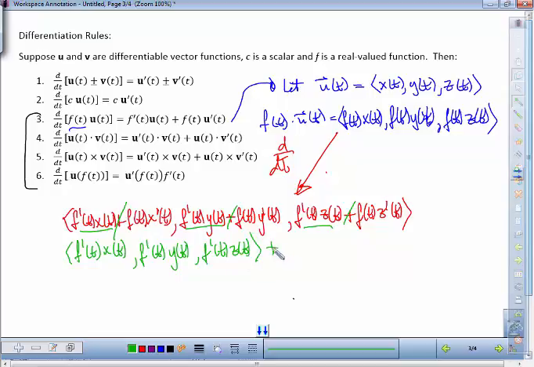And so what I did was I split that up, and so I'm looking at the other terms. That's f of t, x prime of t, f of t, y prime of t, and then f of t, z prime of t.